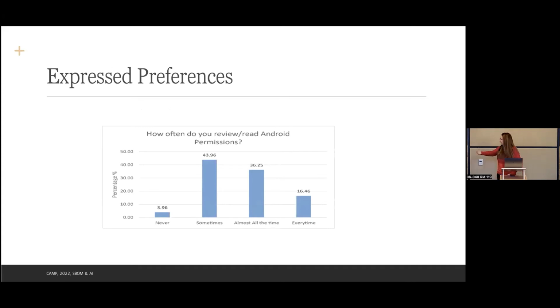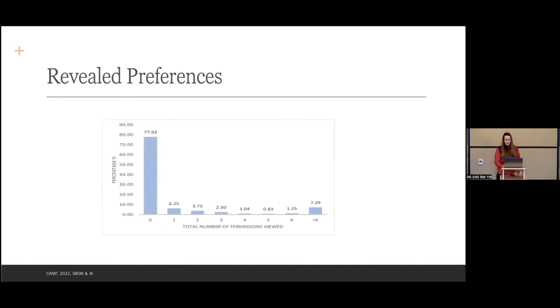So we ask all our participants, how often do you look at these permissions when you're making a decision? People want to look at the permissions. They want to have looked at the permissions. And then during the experiment, we looked at how often they actually looked at the permissions, and the graph is just a little different. So if you go with revealed preferences instead of expressed preferences, you can end up encouraging people to do something other than what they want to do.